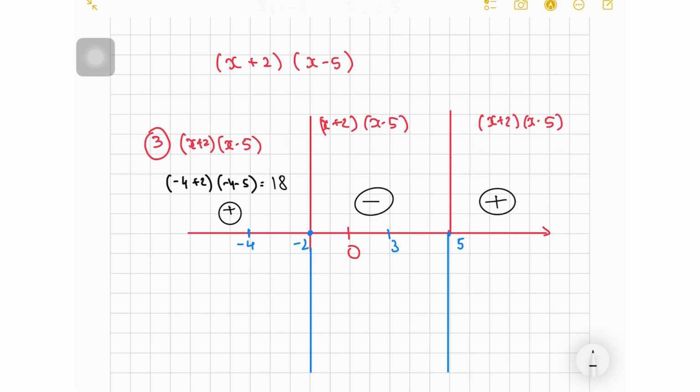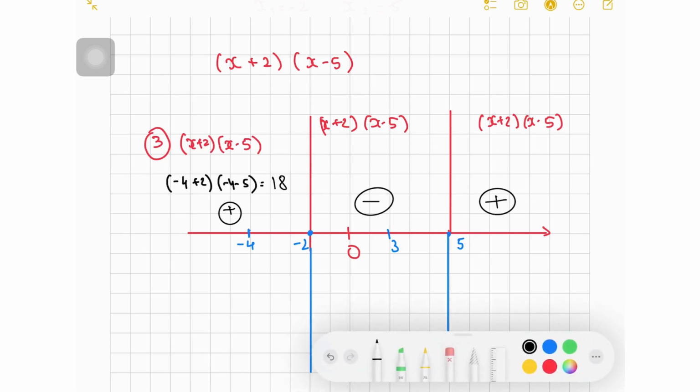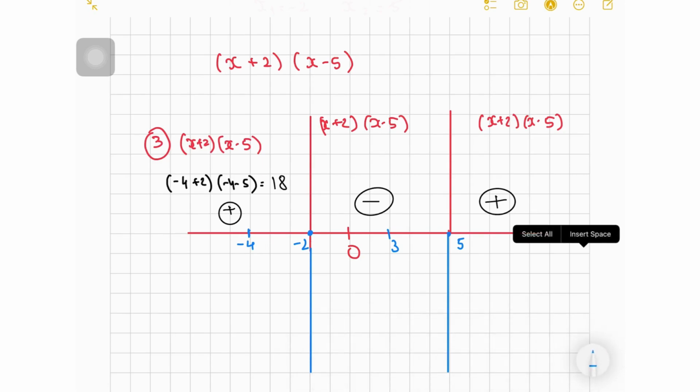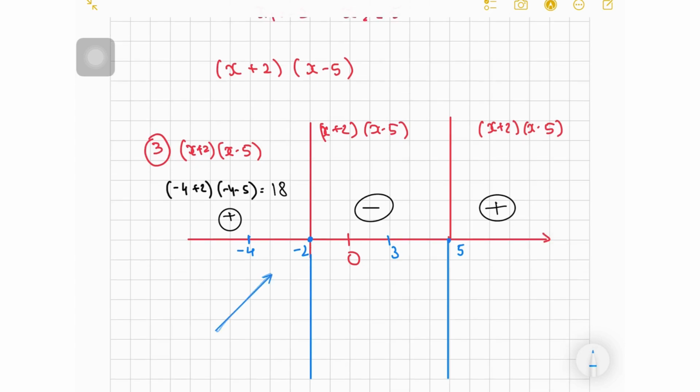When the derivative is positive, of course the function is increasing, then it is decreasing, and then it is again increasing. This means that at negative 2 we have a local maximum, and at 5 it is a local minimum.